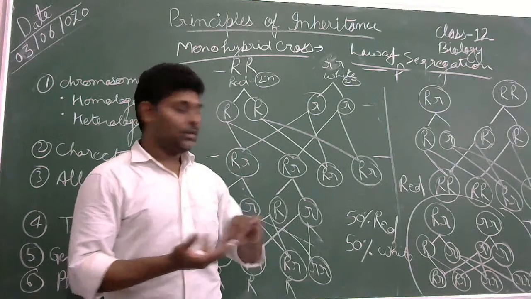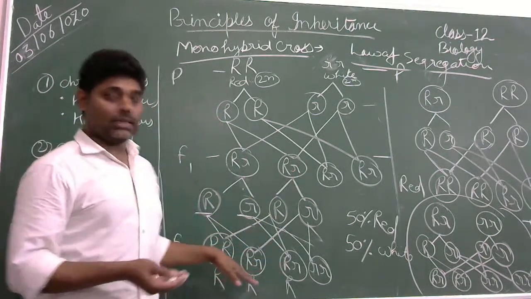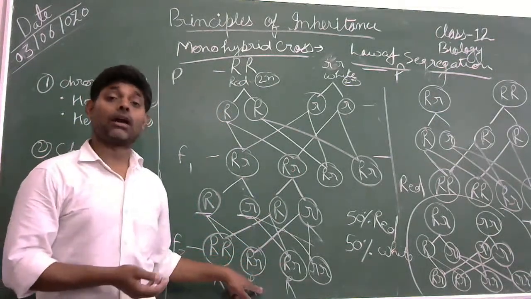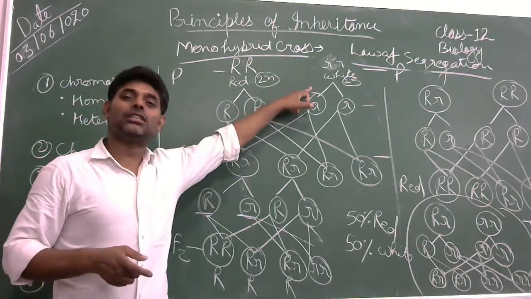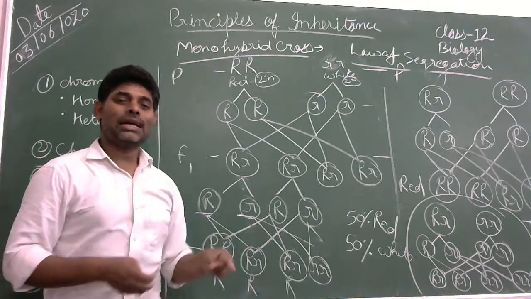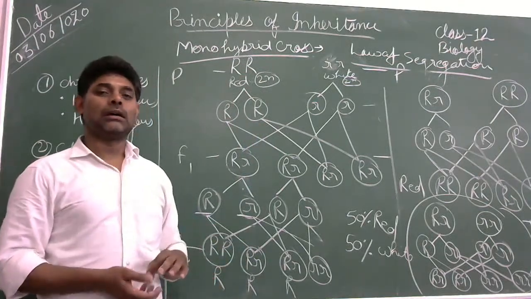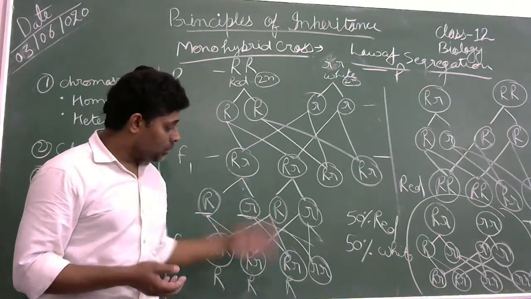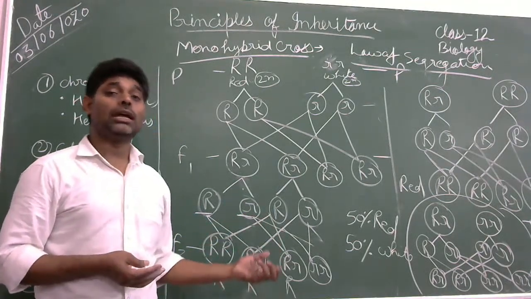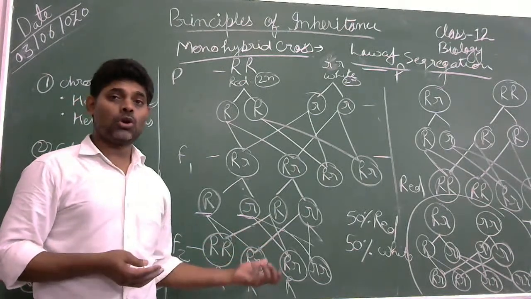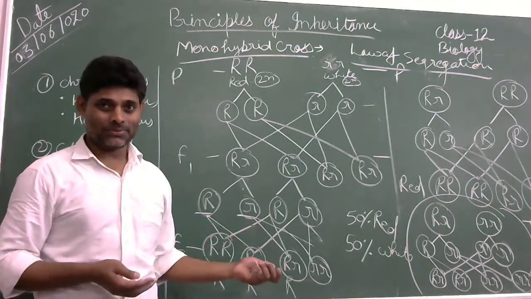So if the F1 or F2 generation progeny are crossed with recessive parents, then it is termed as test cross, and this test cross is done to find out whether these are homozygous or heterozygous, pure or hybrid.